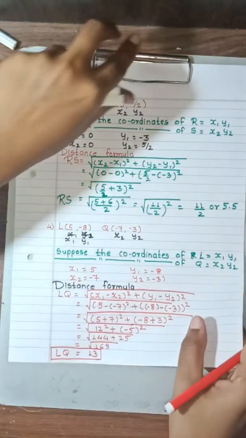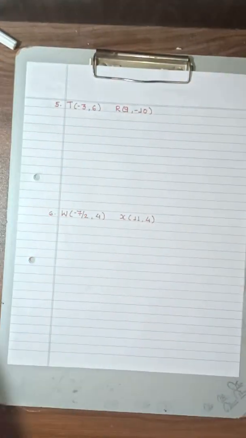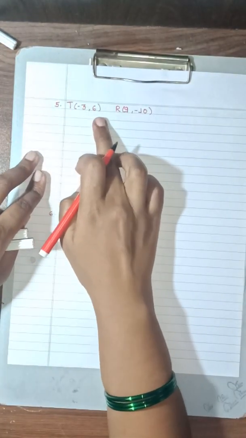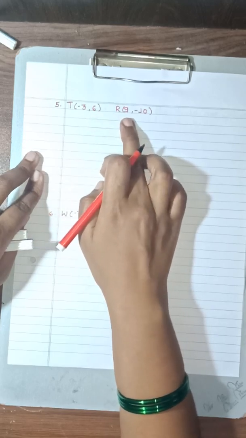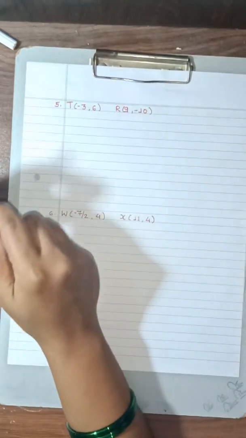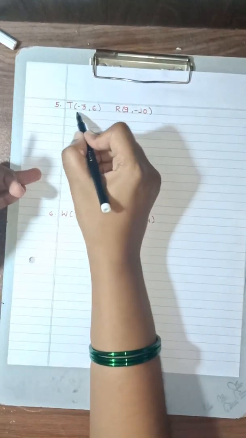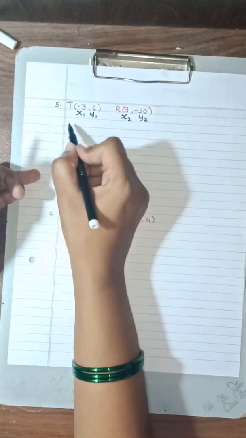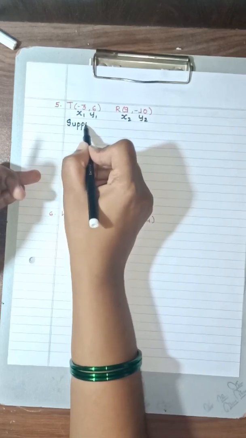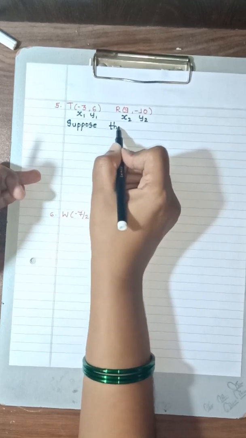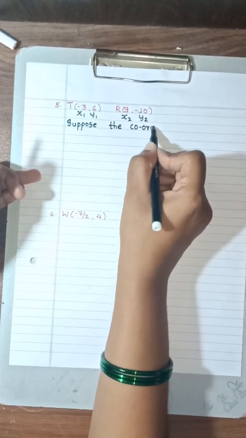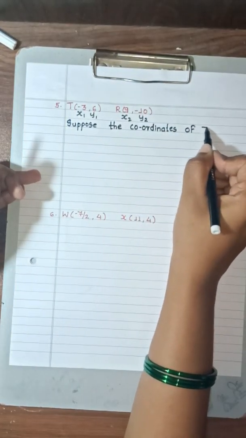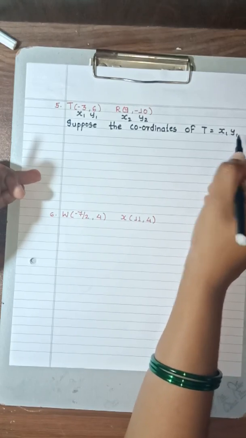Now let us move on towards question number 5. Okay, in question number 5 they have given T is (-3, 6). Coordinate of R is (9, -10). We have to find the distance TR. So what we are going to do here, this is your x1, y1. This is your x2, y2. Now suppose the coordinates of T is equal to x1, y1.